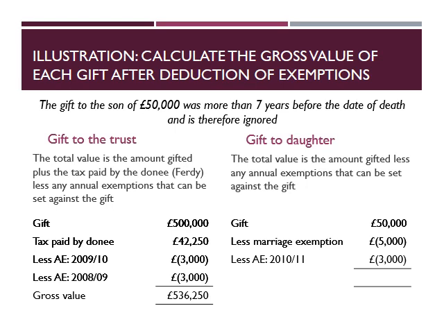Now unfortunately he can't also use the annual exempt amount for the 2009-10 year because that's already been used against the gift that was given to the trust. So it's just the current year that he would be able to claim. So the gross value of that gift, that 50,000 to his daughter, for inheritance tax purposes is 42,000.